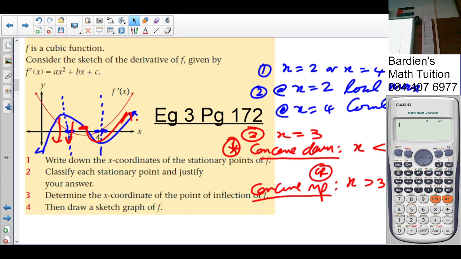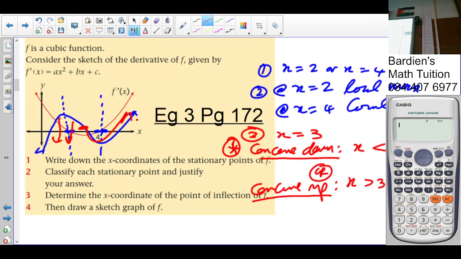So we're just looking at how they're answering number 2. The graph goes up then down. Here we are told that f double prime of 2, the point of inflection and the second derivative tell us about the concavity of the graph.